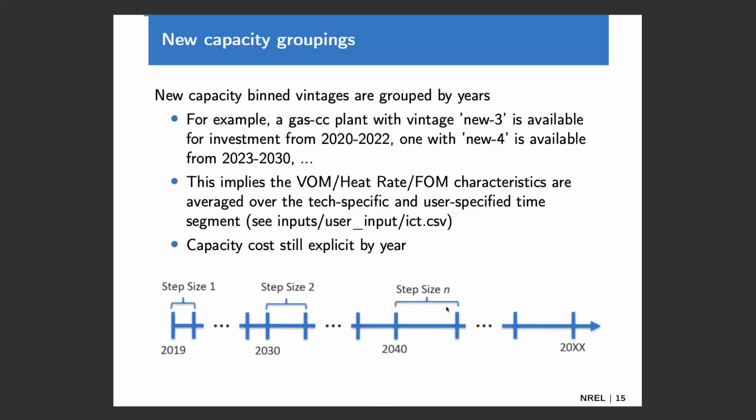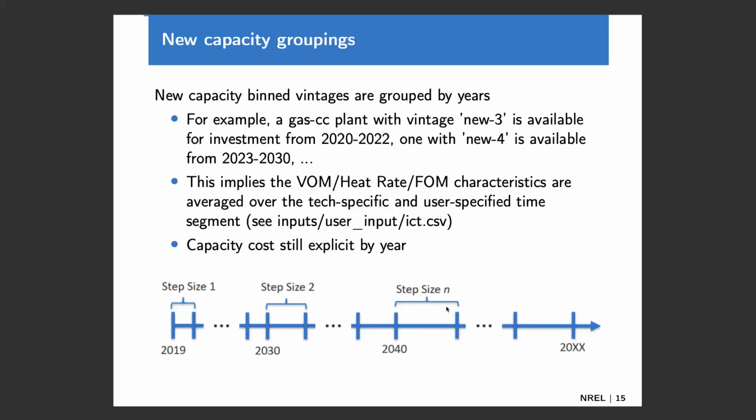For example, I might have a gas CC plant with a specific vintage of new 3, and I can build that plant from 2020 to 2022. Then in 2023, this shiny new model comes out. We'll call it vintage new 4, and that's going to be the representative plant that I can invest in from 2023 to 2030. Again, I'm emphasizing that all of this is scalable by specific technologies.